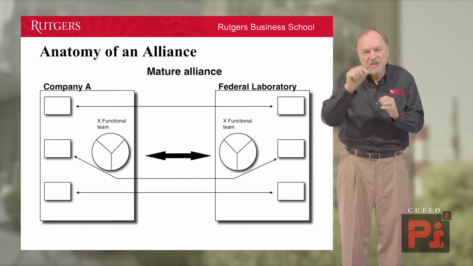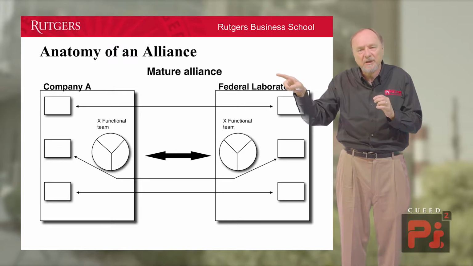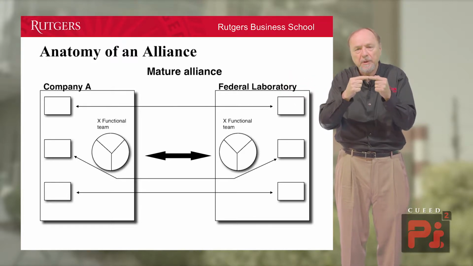What happens is the key people inside Company A identify their counterpart in Company B. I'll call them a functional pair. So the chief scientist in Company A will identify and form a pair with the chief scientist in Company B. The different functions inside each organization will identify their counterparts and form a functional pair.